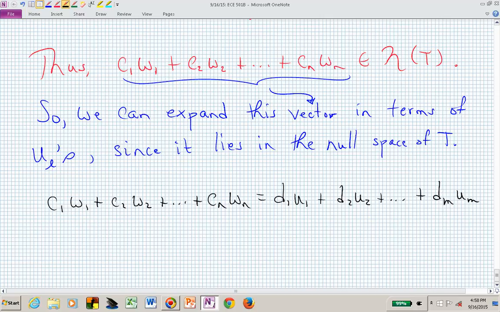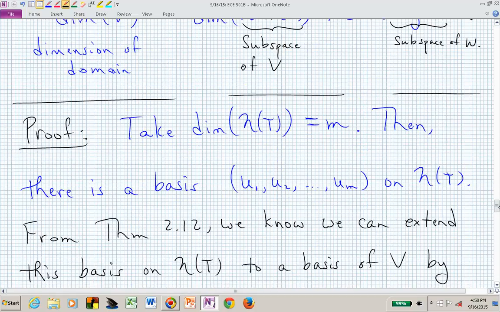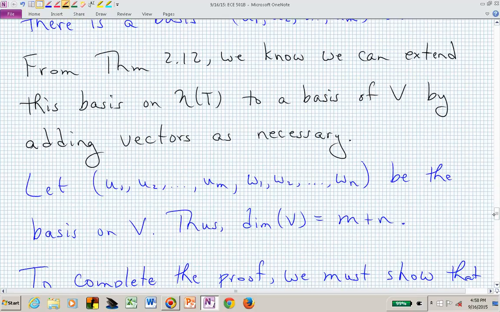Now, what do we know about the u's and the w's? They are independent of each other, aren't they? They're linearly independent because we pick those to be a basis of our domain.